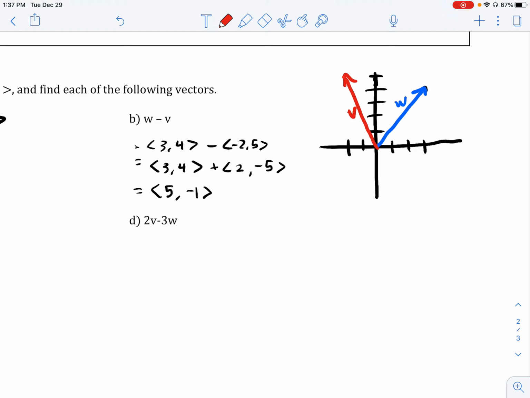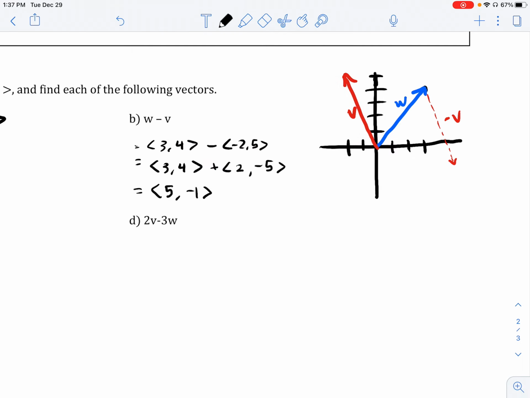Well, what would w minus v look like? w minus v means I would take the vector w, and then from the tail end of w, I would draw negative v, meaning I would draw something that looks like this. Okay, this is what negative v would look like. And this is just a sketch right now, but let's see how close we got.